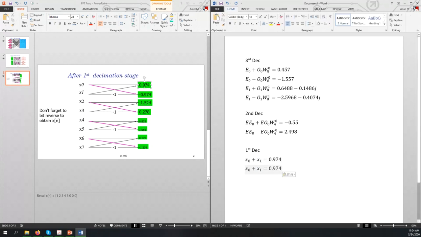And then the next half of the butterfly diagram, which is x naught here going towards here, and then x1 here, but minus 1, will give us this value here. So x naught minus x1 gives us negative 0.974.